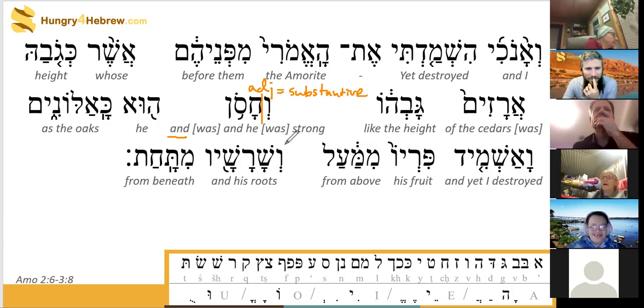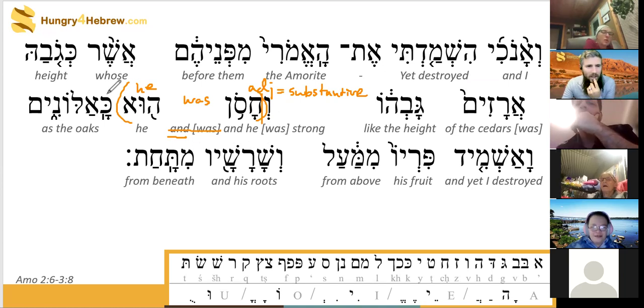And he was strong. Chason is the adjective strong, and then the verb is implied. So this should have been the whole sentence. Chasonhu, strong was he. Ka alonim. Alonim are trees, probably oaks, very strong trees.